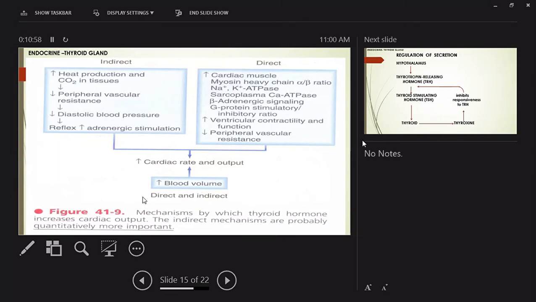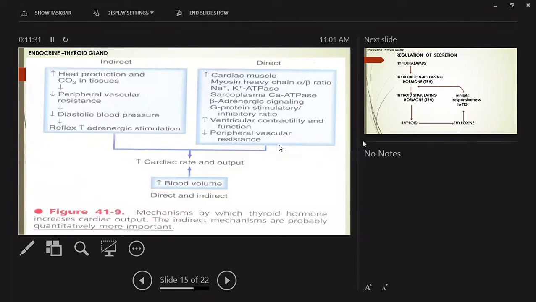So the overall effect is increased cardiac rate and output because there is increased adrenergic stimulation. The direct effect of your thyroid hormone is increased cardiac muscle myosin heavy chain alpha and beta ratio. Then increased sodium potassium ATPase and sarcoplasmic calcium ATPase.